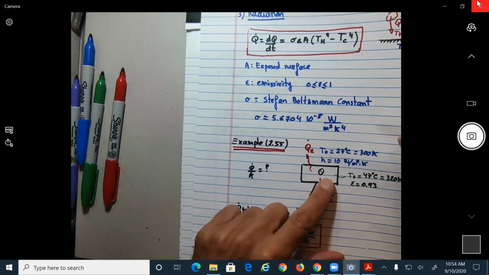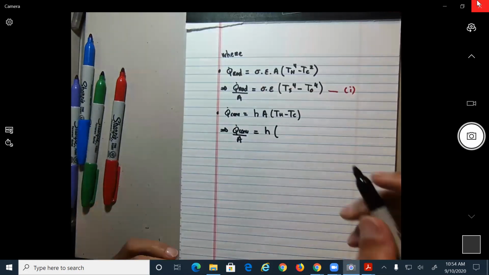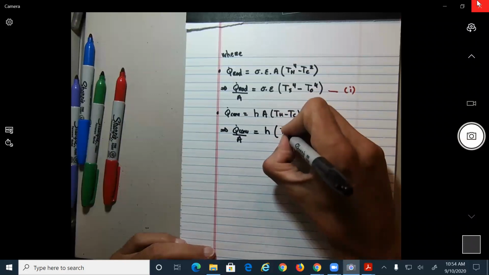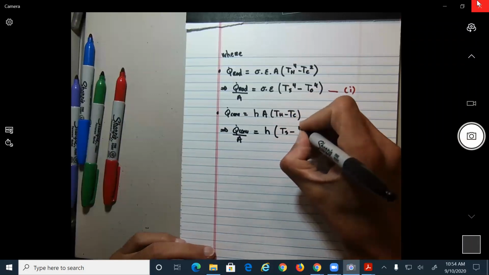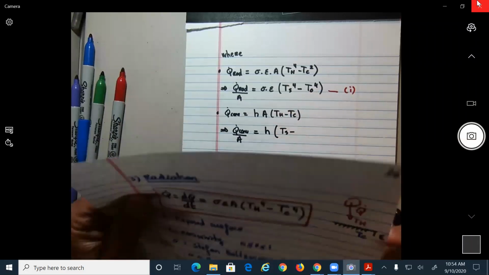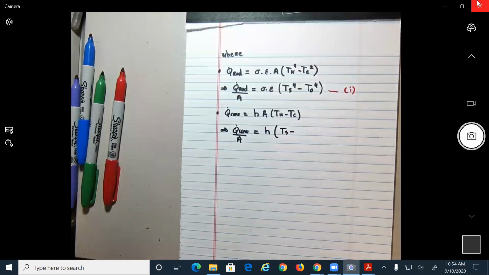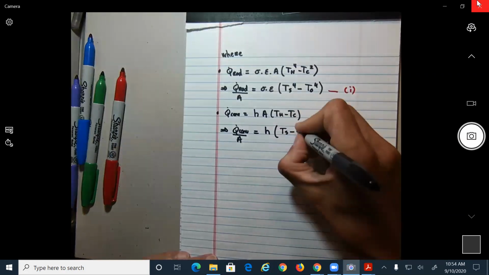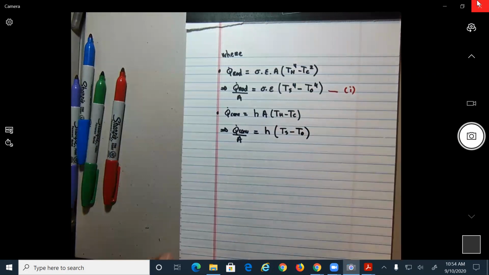Between the hot surface, which is T surface, minus the temperature of the air, which is T naught.